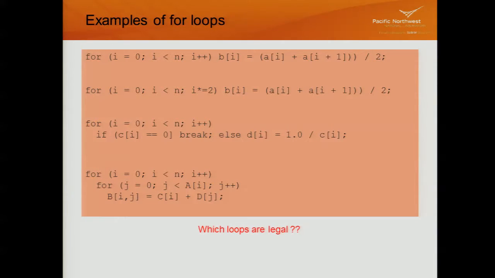In that case, a thread would be the execution of this single statement. You would read A sub I, read A sub I plus 1, do the add, do the divide, and then do the assignment. So a thread would be those 5 instructions.